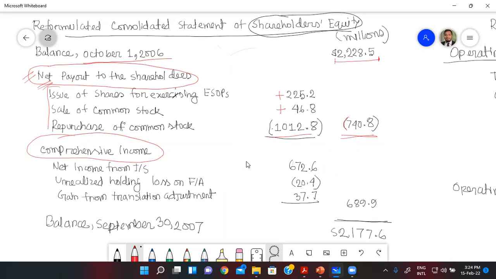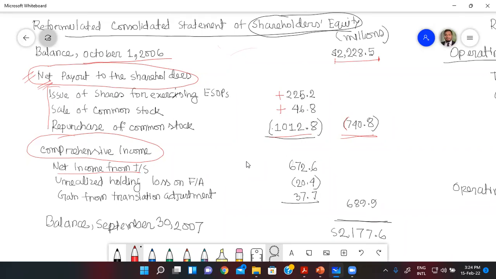First thing first, unrealized holding loss net. You see the second item after the net earnings. Okay. So what we are doing, this is the net income. It is coming from the income statement, net earnings.